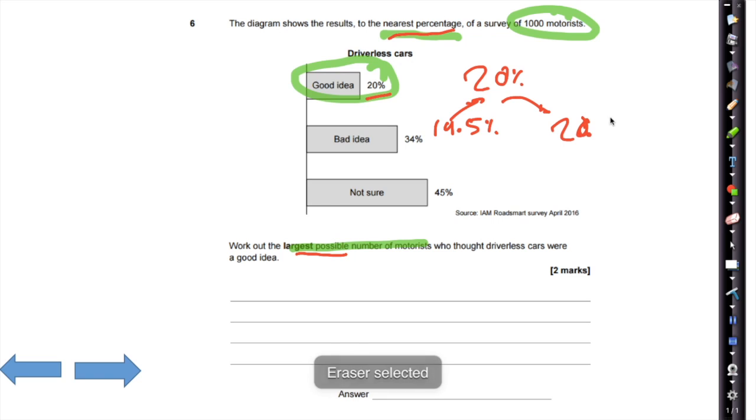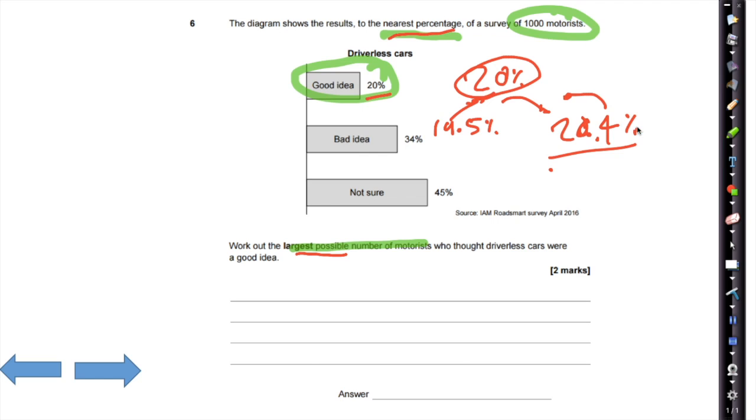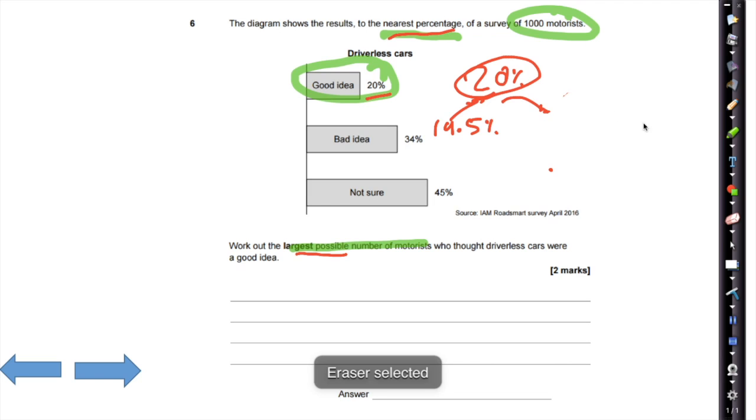So if we tried 20.4%, 20.4% would round to the nearest percentage to be 20%. So therefore, it must have been 20.4% to the nearest percentage, which would have made 20%.